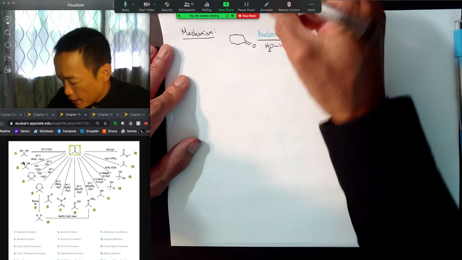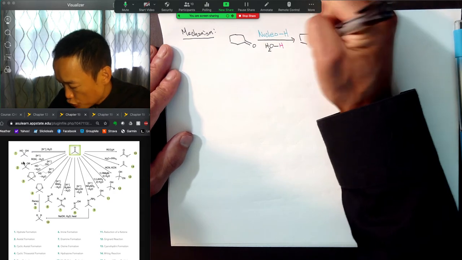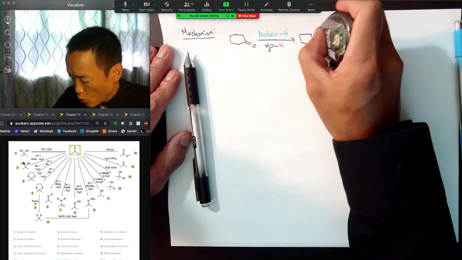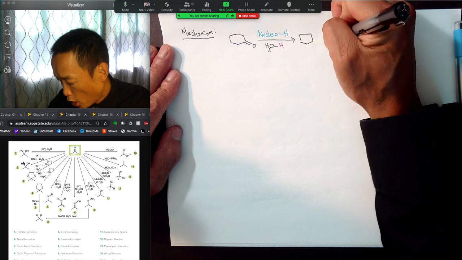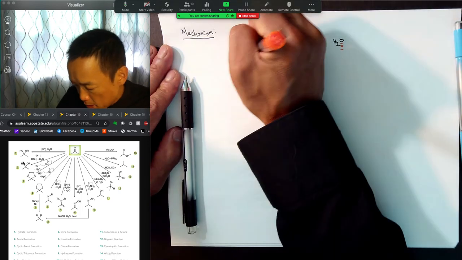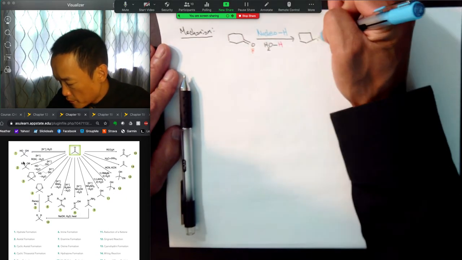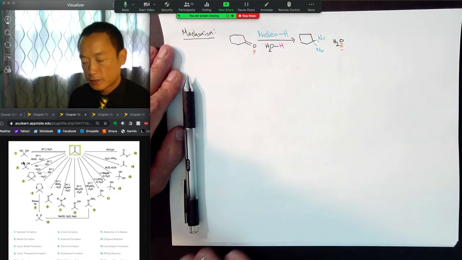All right, and from this we would anticipate driving off that O, and in doing so we would end up making water to drive that off. So here's that same carbonyl oxygen, and we have now done something like this.